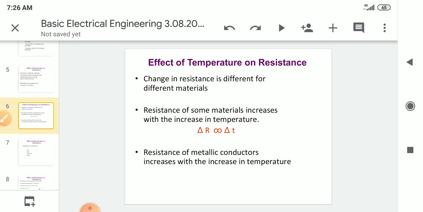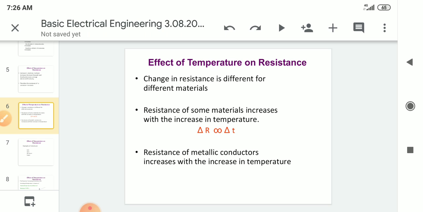Okay, overall what we have observed here is that the change in resistance is different for different types of materials. We observed five different types of materials: pure metals, insulators, semiconductors, alloys, electrolytes. Depending upon this pattern of material, it changes.